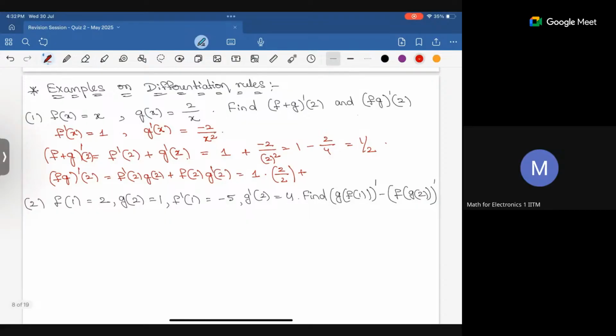F of x is x, so f of 2 is 2, into g prime of 2. So g prime of 2 is minus 2 by 2 square. So you can see 1 into 2 by 2 is 1, 1 into 1 is 1. And then here we can see 2 into minus 2, minus 4 divided by 4. So it will be minus 1, which will raise to 0.